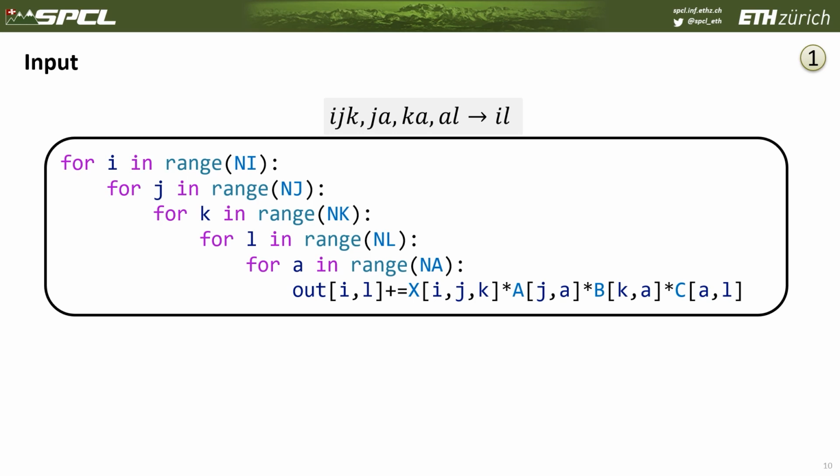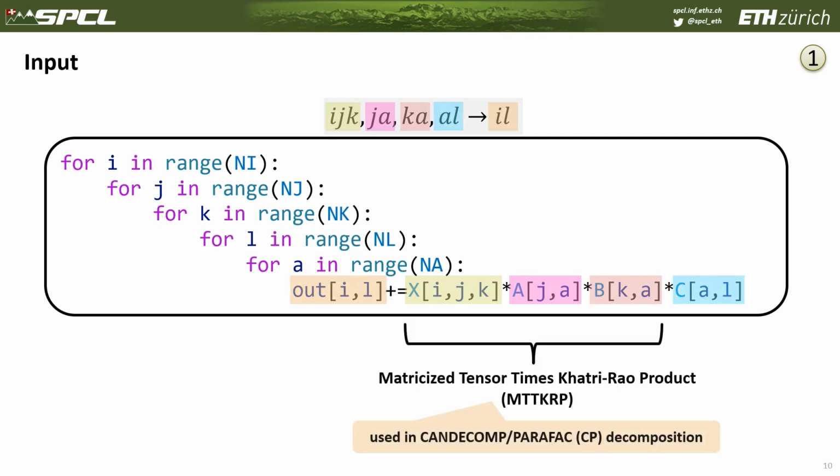Now, if we look at this example, we basically have 2 parts. The first one, which involves the inputs x, a, and b, is the matricized tensor times Khatri-Rao product, in short MTTKRP, which is used a lot in the CP decomposition. And the second part is multiplying this temporary output with the matrix C for a matrix-matrix product.